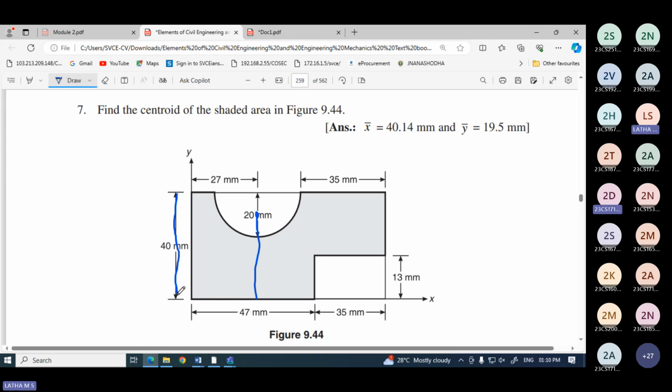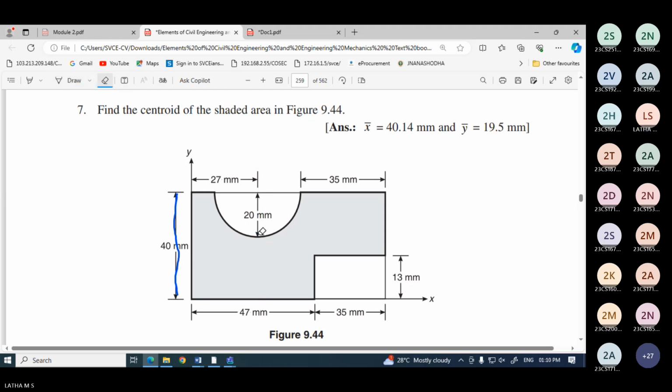I know what this distance is, 4r by 3 pi. So 40 minus 4r by 3 pi will give me this distance. Y2 distance I'll get. You got it?